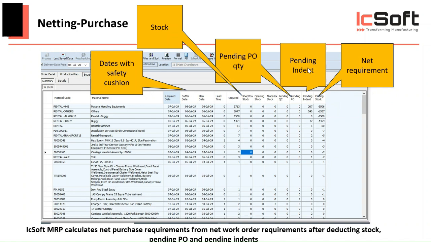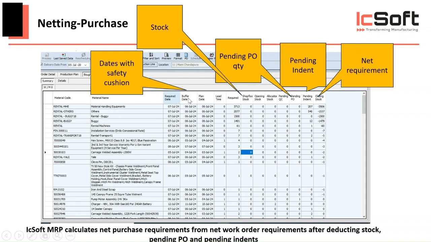One important feature of MRP is that it not only tells us how much to buy, but when to buy it. So here we can see the dates also. There are three dates here. The required date is the date when it is required for production, when it is required on the shop floor.